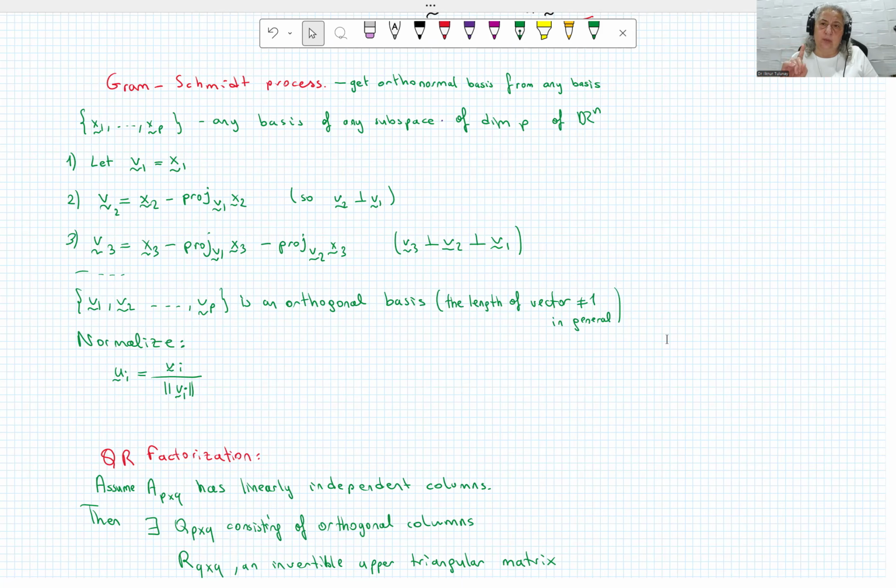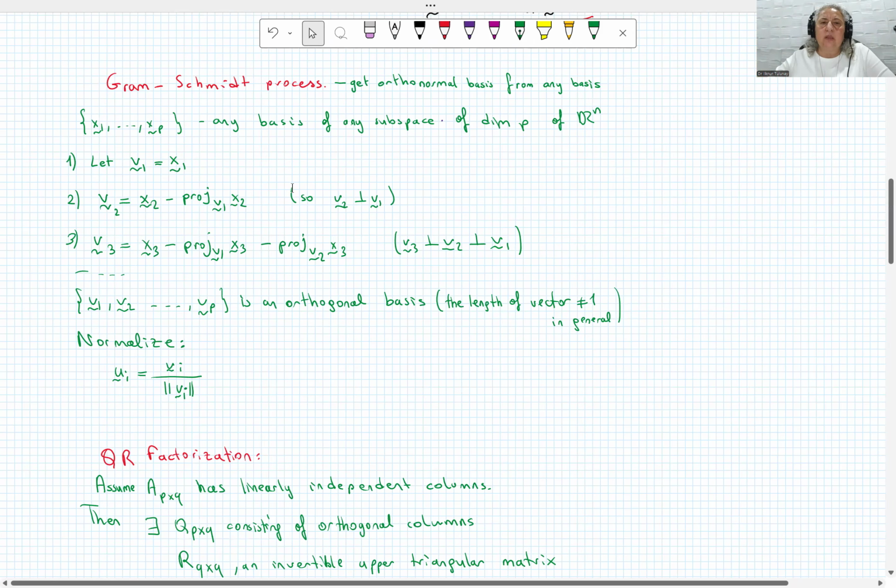An orthogonal basis means every vector is perpendicular to each other, but the length does not have to be 1. That's the difference between orthogonal and orthonormal.